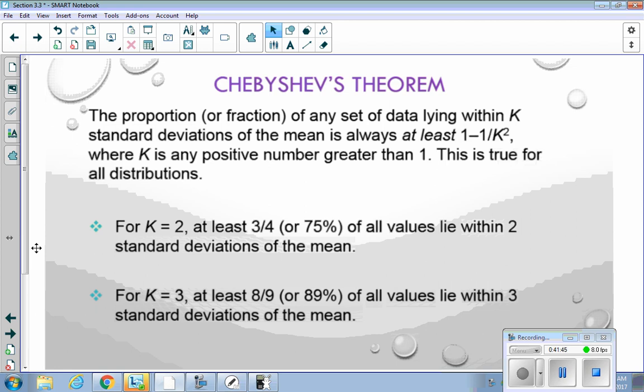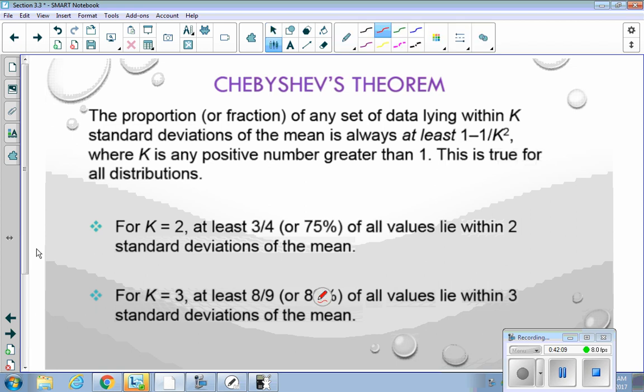For K, which is the number of standard deviations from the mean, 1, 2, 3, 4, it always says that at least 1 minus 1 over K squared of the data is within K standard deviations.